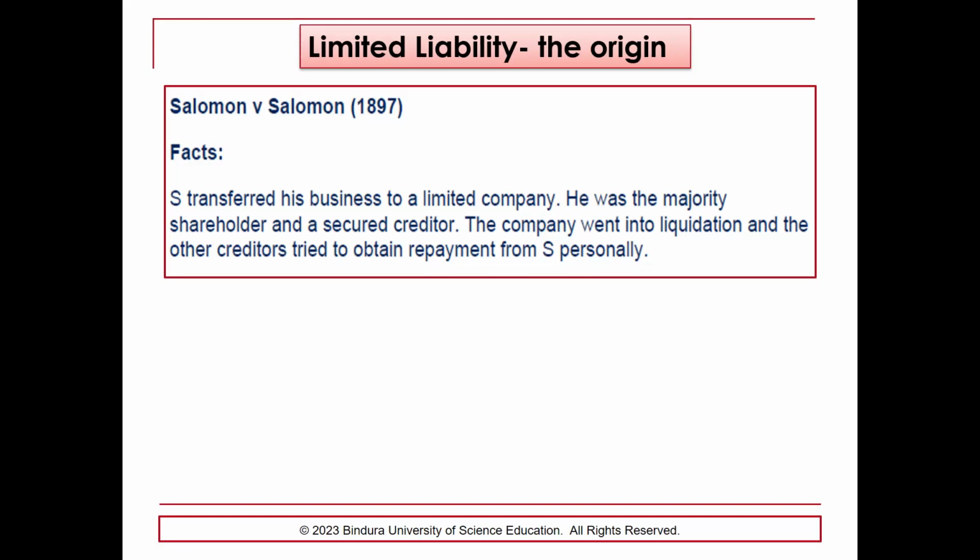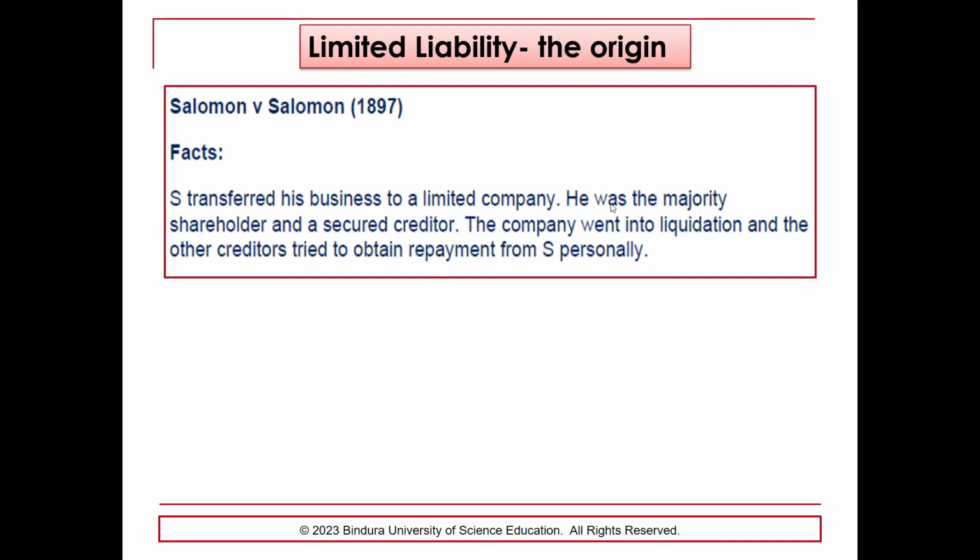And then he used the asset of the business as security for the loan that he had given to the company. And so Solomon Private Limited now owed Solomon as an individual a certain amount of money secured by the asset of the business for the money that he had spent in starting and growing the business. A few years later, the business started facing challenges, and then it went into liquidation.